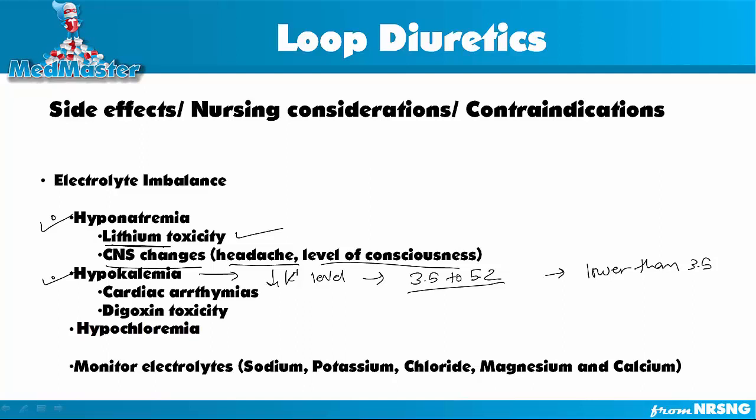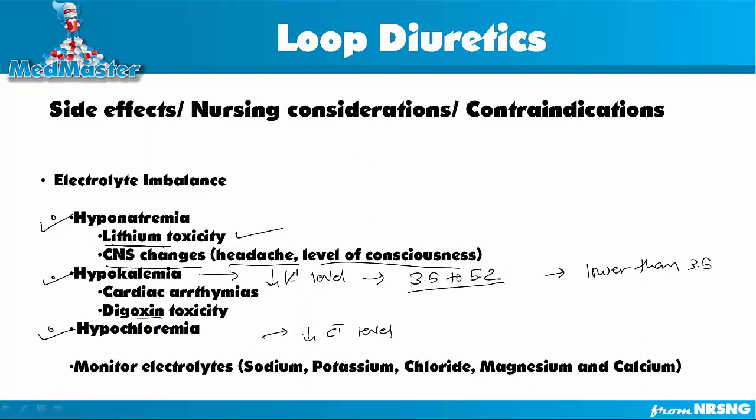We will talk about digoxin in the cardiac glycoside slides. Digoxin toxicity can happen when there is a low potassium level in the body, so you have to look for digoxin toxicity as well. And this finally can cause hypochloremia, which is a low chloride level.